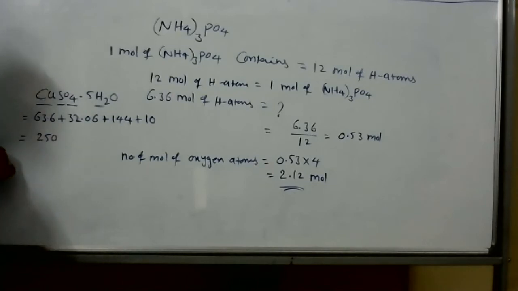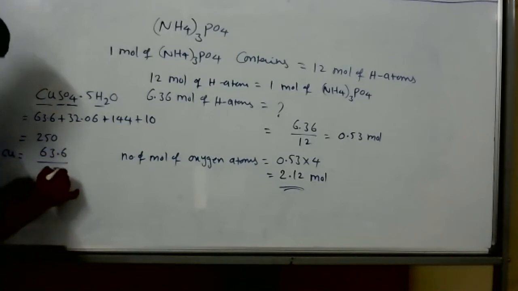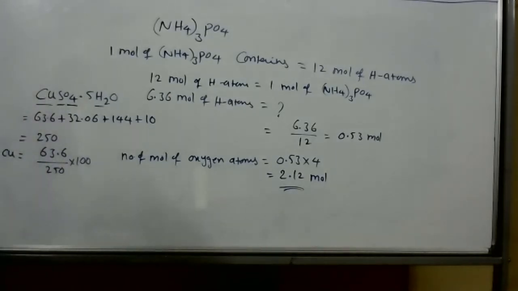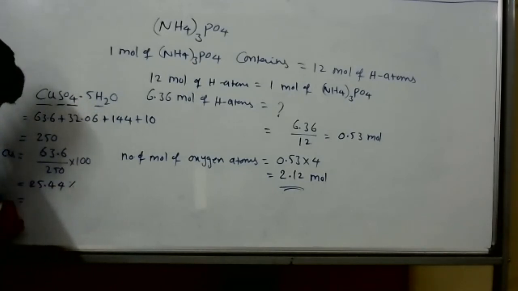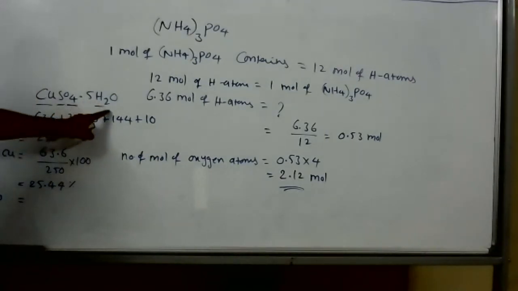Then percentage of copper. 63.6 divided by 250 into 100. 25.44. This is the copper percentage. Next, calculate oxygen percentage. Nine.